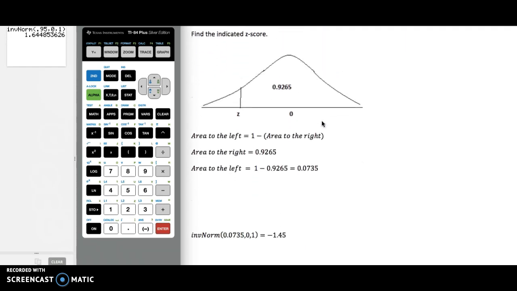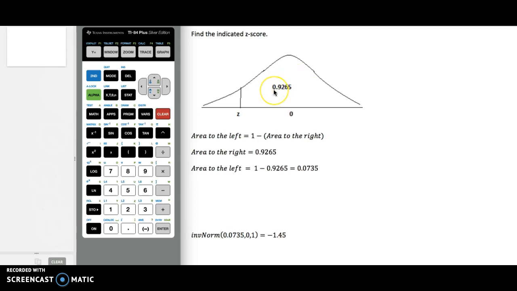So find the indicated z-score. So here we're just given a graph, right? Here's my z-score, which it's on the left side of the graph. So we should get a negative z-score here as an answer. And they gave us the area to the right of that z-score is 0.9265. Well, when we are using our graphing calculator, we always need the area to the left.